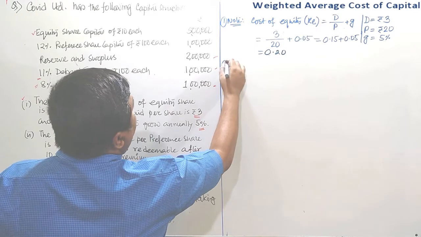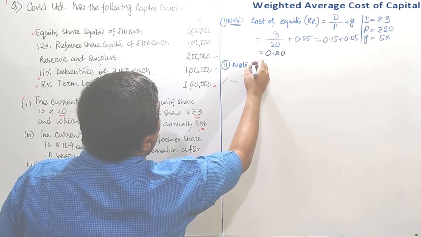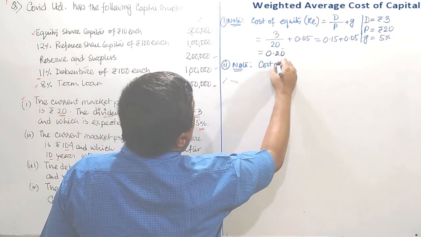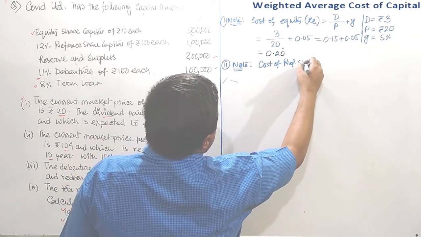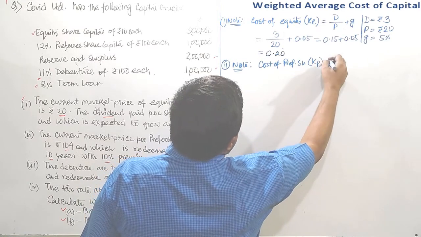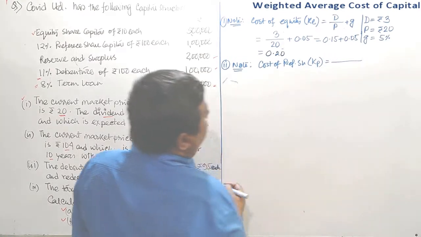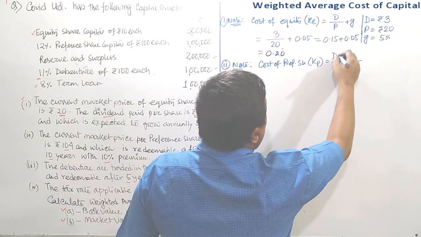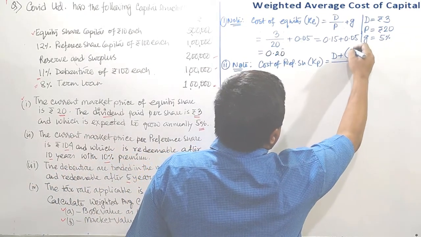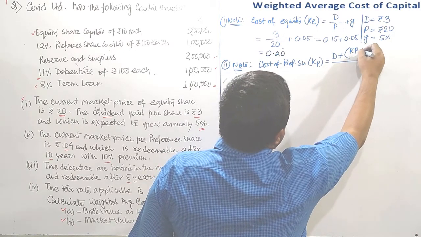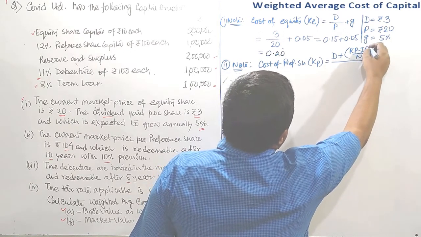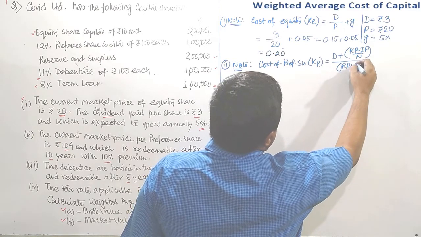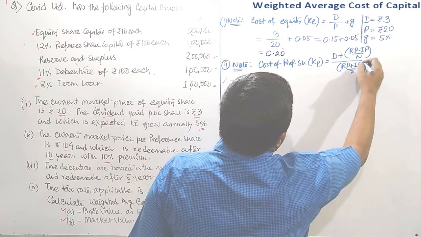Similarly, in another note, we calculate the cost of preference share, in short KP. The formula of cost of preference share, I think you will remember, is D plus within bracket redeemable price minus issue price by N whole, divided by redeemable price plus issue price by 2.